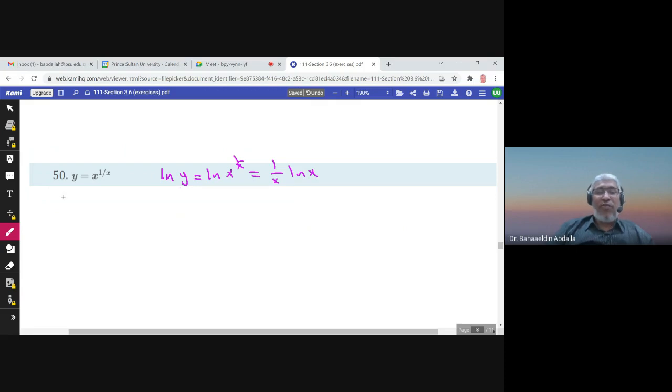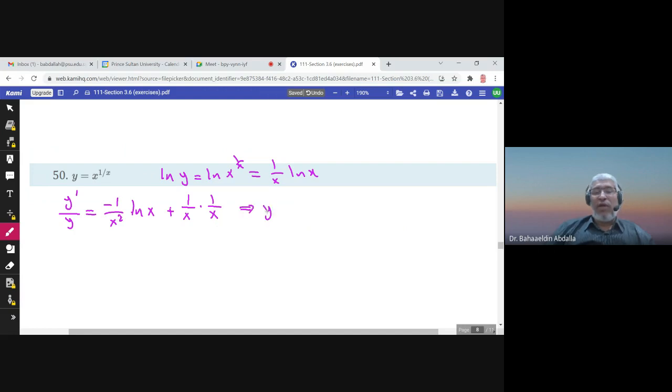And now the derivative of ln y is y prime over y, and the derivative of this is a product. Derivative of 1 over x is negative 1 over x squared times ln x plus 1 over x times the derivative of ln x, which is 1 over x.